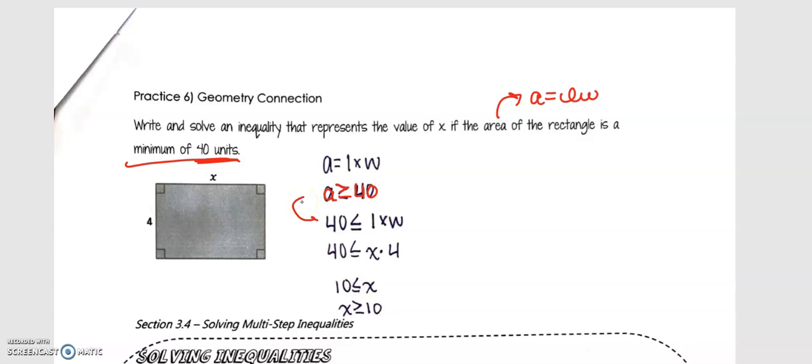Then when I substitute this in, I'm going to say 40 is less than or equal to length times width. And then I'm going to plug this right in. Here's my length, and here's my width. Substitute it right in, divide by 4 on both sides, and I get x is going to be greater than or equal to 10.